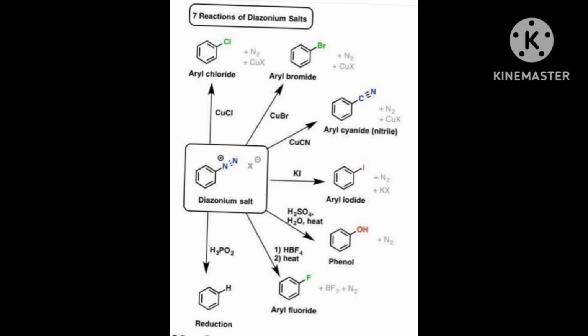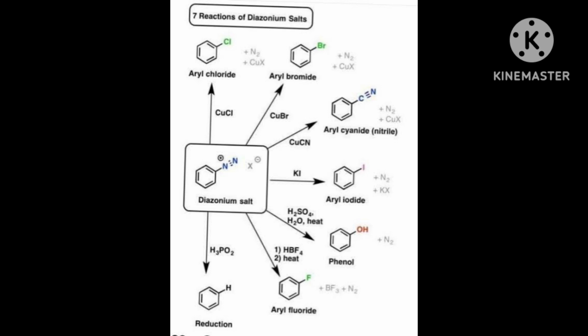Benzene diazonium chloride reacts with phenol, in which the phenol molecule at its para position is coupled with the diazonium salt to form para-hydroxyazobenzene.